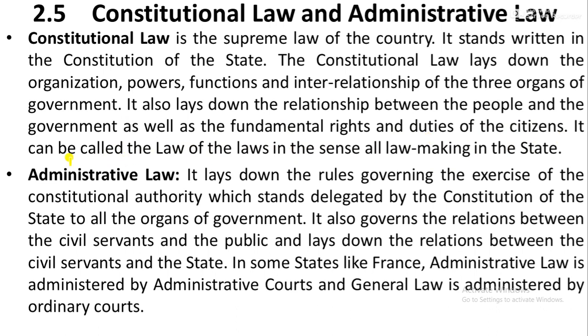Look at here, constitutional law is called the law of the laws. That is the main law of the laws. The father law of the laws is the constitutional law. Then administrative law, look at here. It lays down the rules governing the exercise of the constitutional authority, which stands delegated by the constitution of the state to all organs of the government.